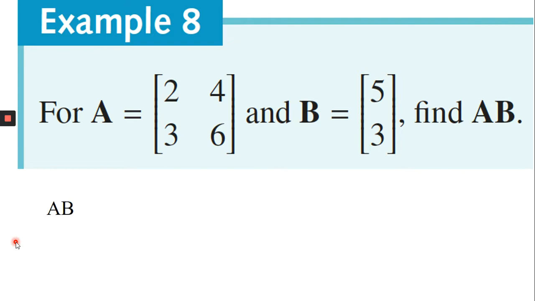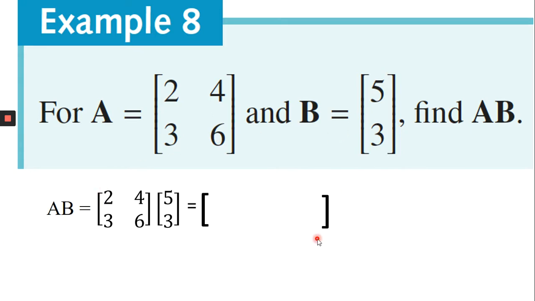All right, find AB. I've just written the matrix out. So there's A times B. There's my solution matrix. And I'm going to do top, left, top, left. And can you see that there isn't going to be a top right, is there? There's a top and a bottom, but there isn't a left and a right here.